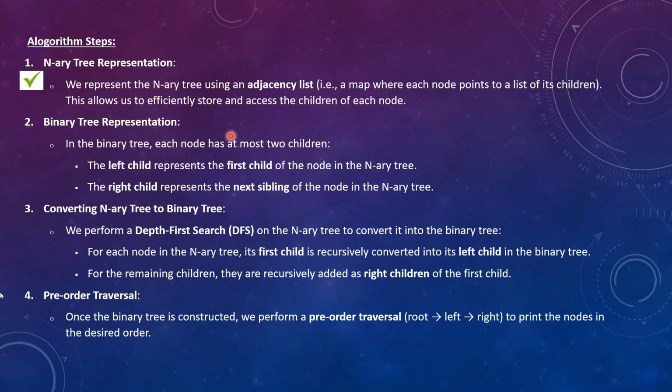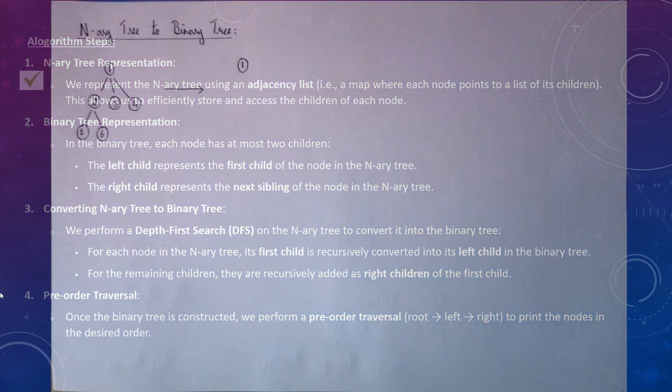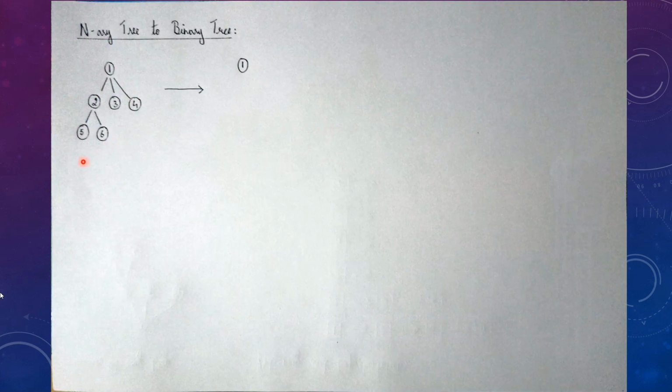Now let's look into the second and third step. Here we have to convert the N-ary tree into a binary tree using specific conversion rules and using depth first search. A sample N-ary tree is given. Now we take the root as such.